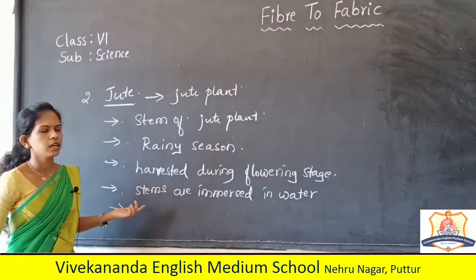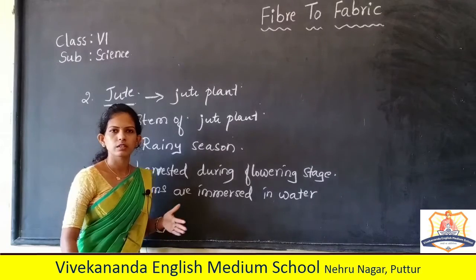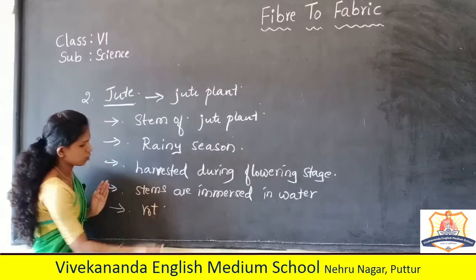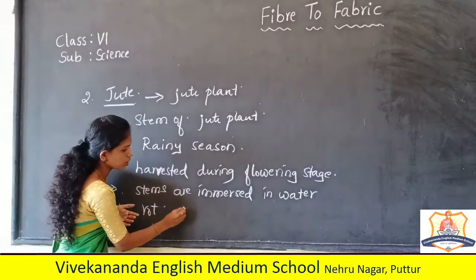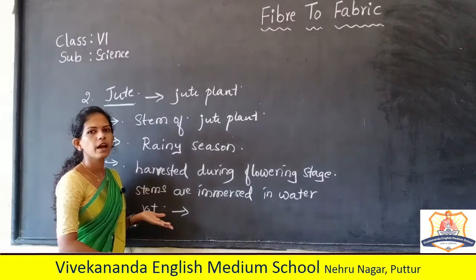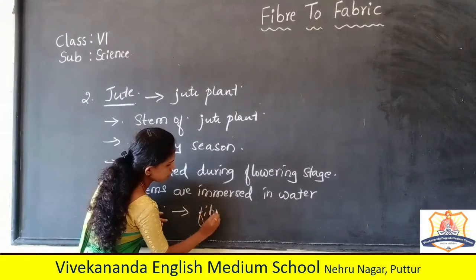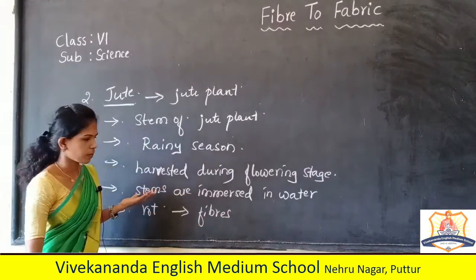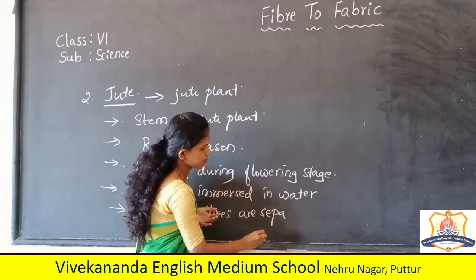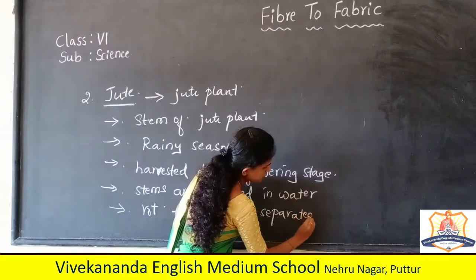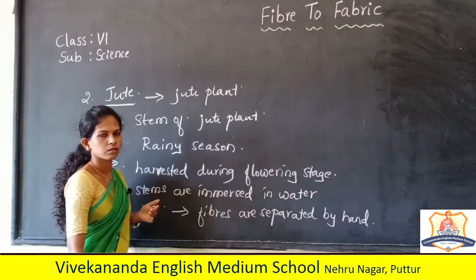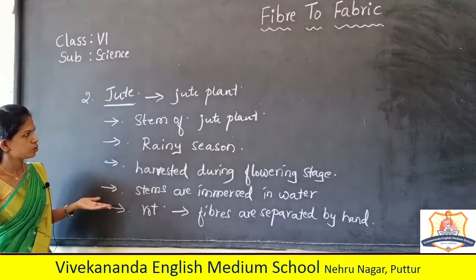After this, they start rotting, and the fibers are separated by hand. Fibers of this plant are separated by hand. Okay, this is about the jute plant.